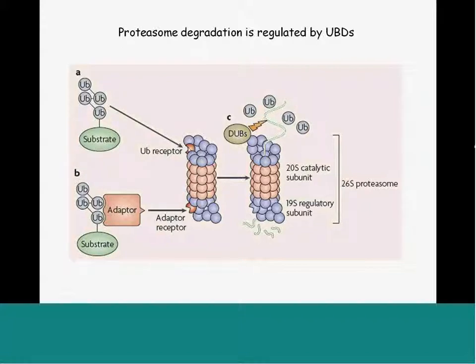So the proteasome, for example, has ubiquitin receptors, and these are the binding domains that actually recognize the ubiquitin moieties on the substrate, bind to them, and sequester the tagged protein for ultimate degradation through the proteasome. Alternatively, there might be an adapter molecule that has a ubiquitin binding domain, so it could be an indirect interaction of a substrate with the proteasome. Nevertheless, the ubiquitin binding domain serves here as a recognition element to target the proteasome.